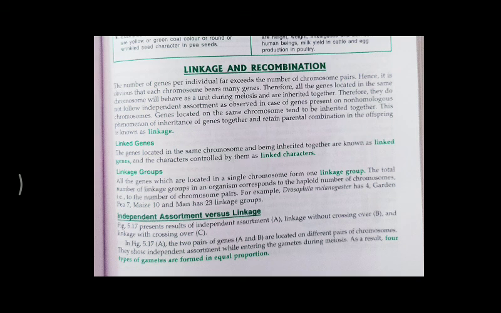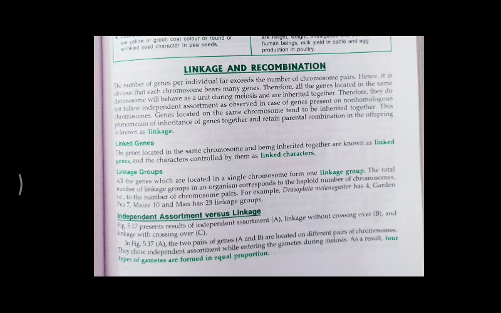While in the independent assortment condition, what will it be? It is the condition in which two different genes are found on two different homologous chromosomes, and the various combinations produced may be four types of gametes. Here we can keep capital A and small a, and capital B and small b, from which you can get the capital A B combination, capital A and small b combination, and so on.